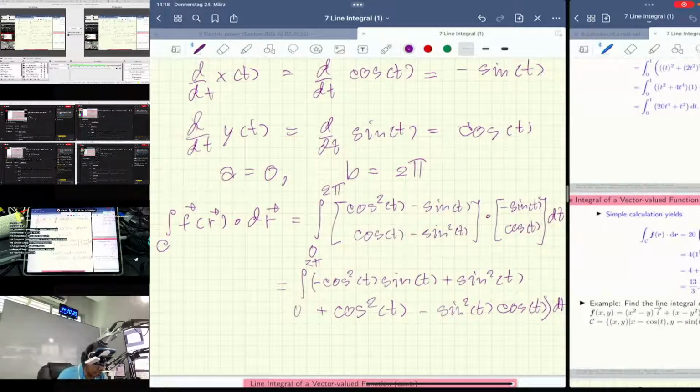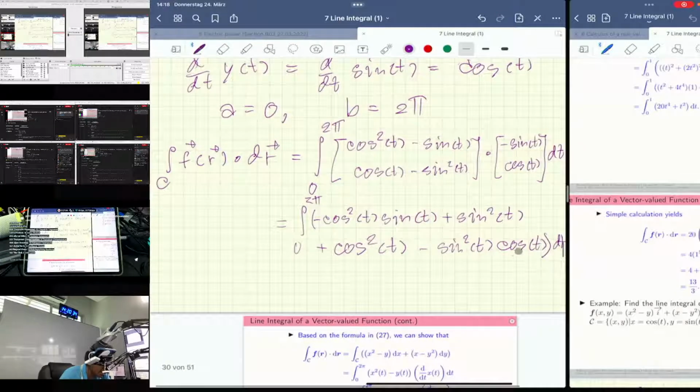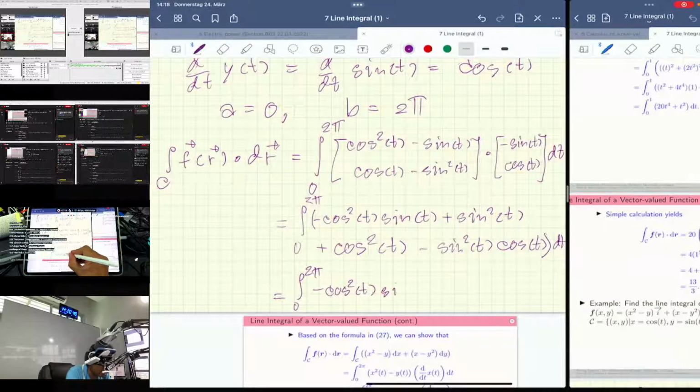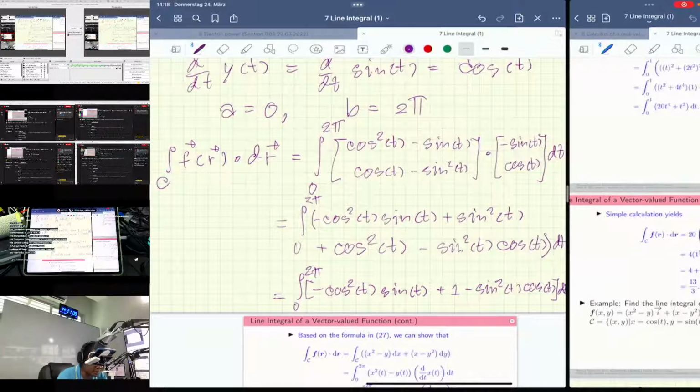And you could see that the combination of sine squared and cosine squared will be number 1, right? Here you would have the integration from 0 to 2 pi of negative cosine squared t sin t, plus 1, negative sine squared t cosine t, dt, right?